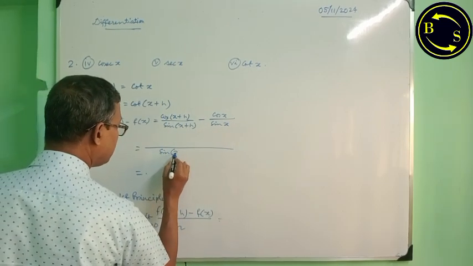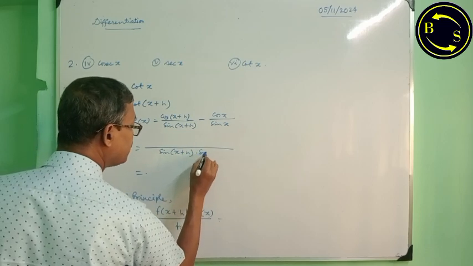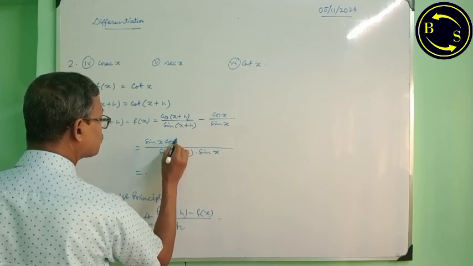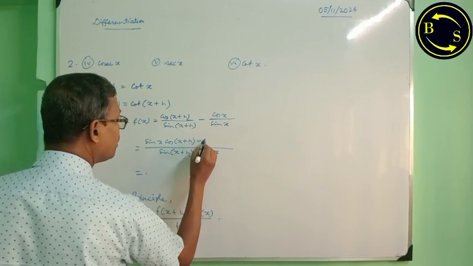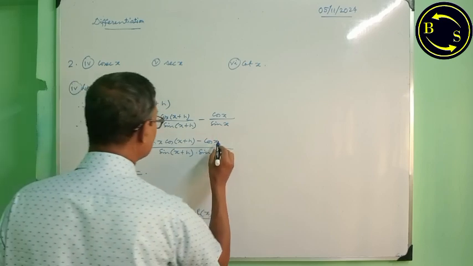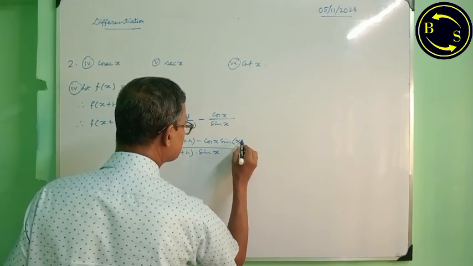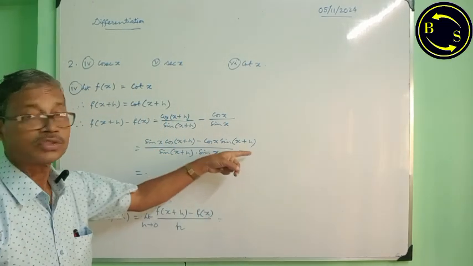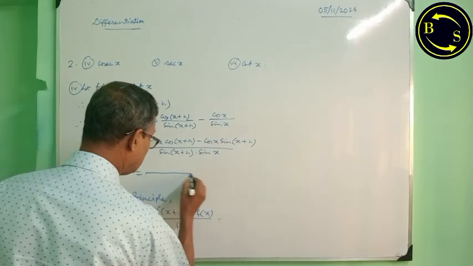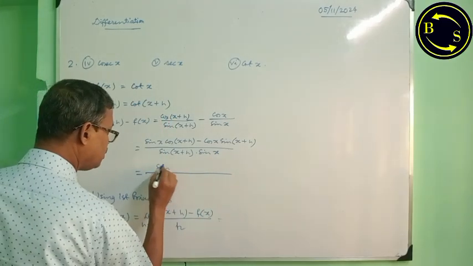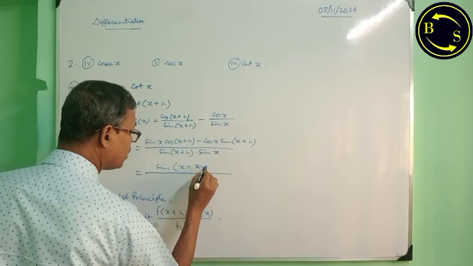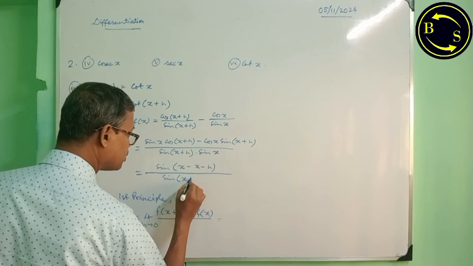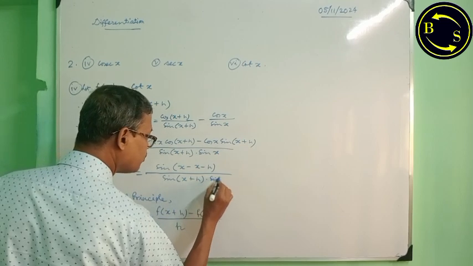Sin of x plus h into sin x, the numerator is sin x cos of x plus h minus cos x sin of x plus h. Now this is of the form sin a cos b minus cos a sin b. Therefore, the numerator will be sin of x minus (x plus h) into sin x.